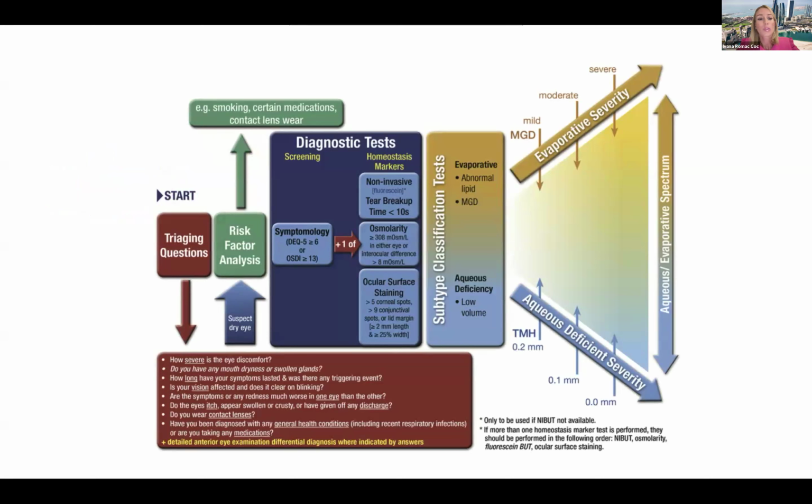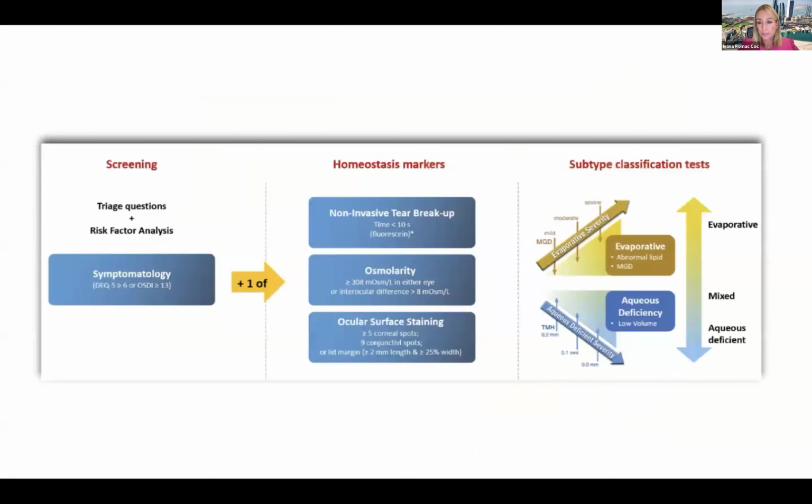This algorithm starts with triaging questions to exclude conditions that can mimic signs and symptoms of dry eyes, and with a risk factor analysis to establish a suspicion of dry eye disease. And the diagnosis is established based on symptoms, either OSDI score more than 13 or dry eye questionnaire score more than 6, plus at least one sign of reduced homeostasis. And this can be reduced tear breakup time, increased tear osmolarity, or ocular surface staining.